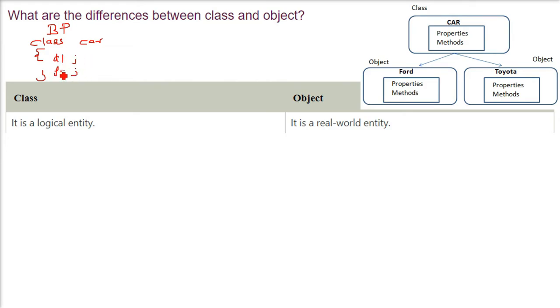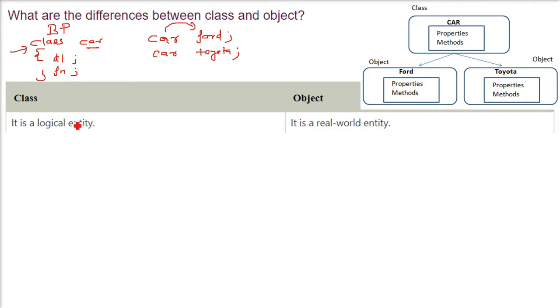So this is a binding also. It is just a template which gives us the possibility of using it by means of objects. So this car was the class, but I made a Ford named object, a Toyota named object. So now the object is being created.